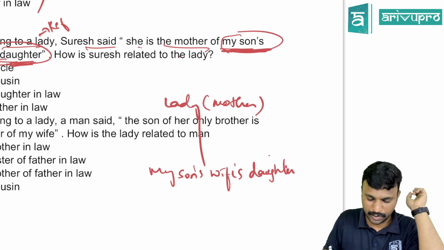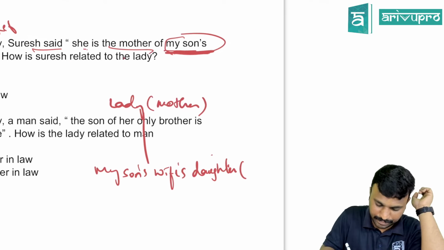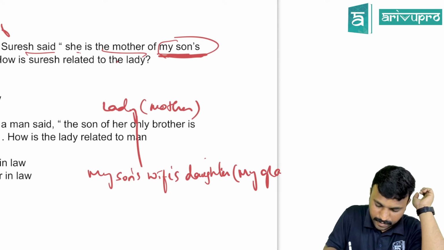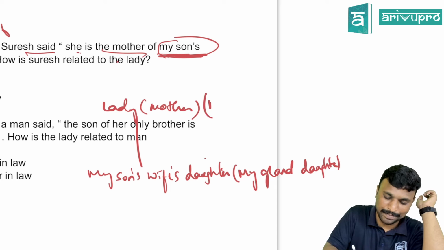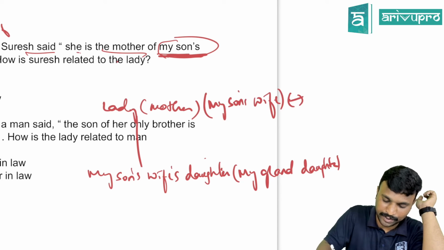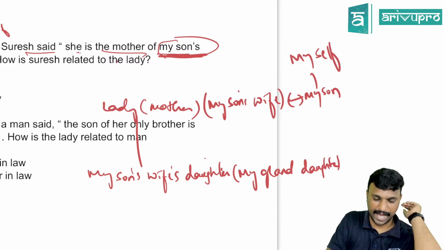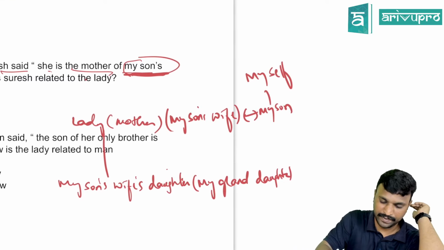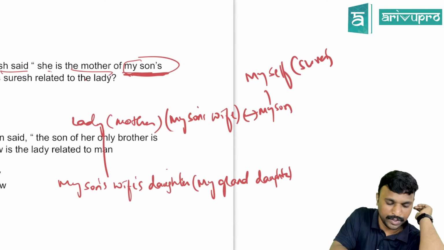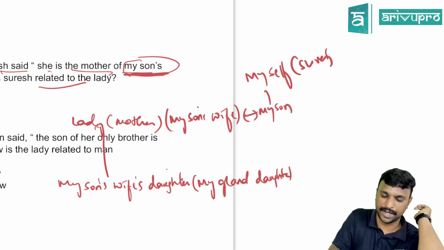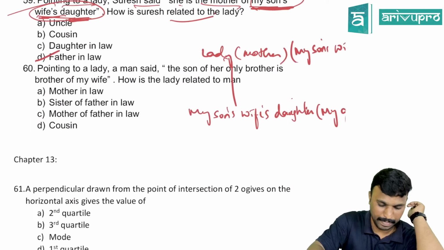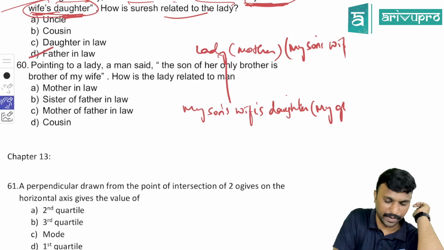That means my granddaughter. Definitely this lady is my son's wife. So definitely my son should be next to the lady. And where should be myself? Above my son. All right. So therefore, myself is Suresh here, and how is Suresh related to the lady? To that lady, Suresh is father-in-law. Yes, let's move on to the next question.